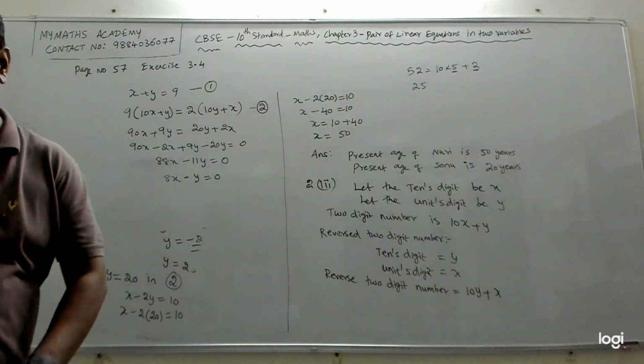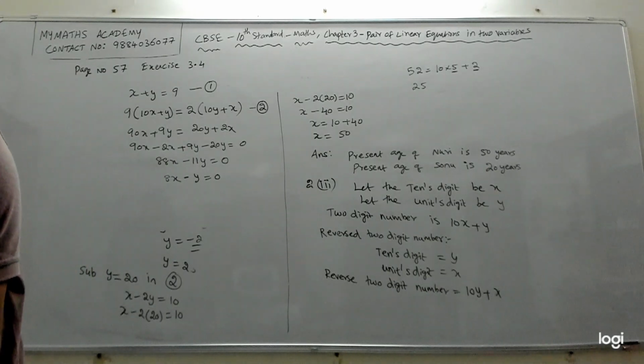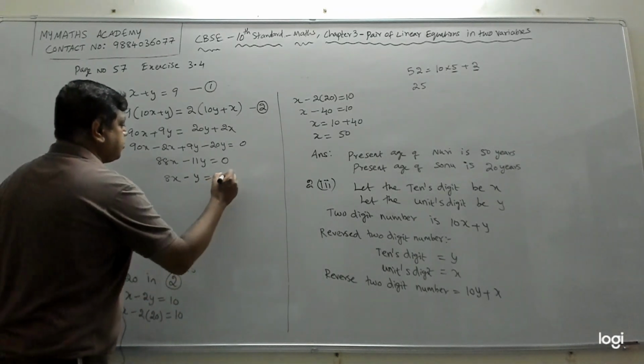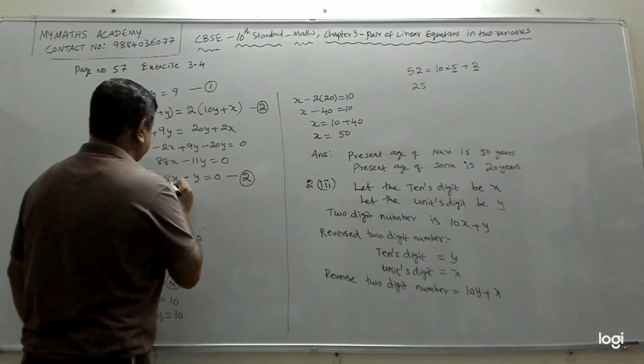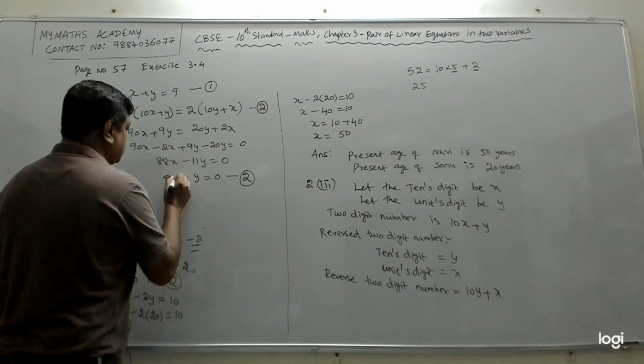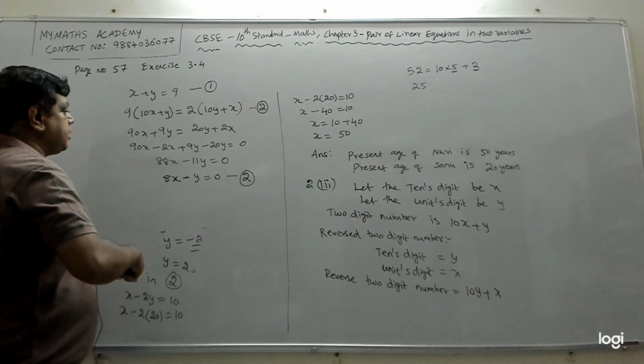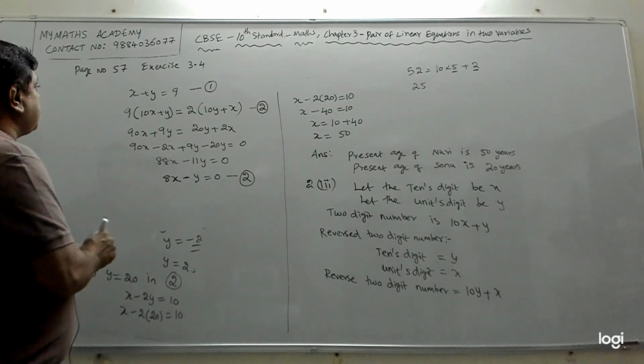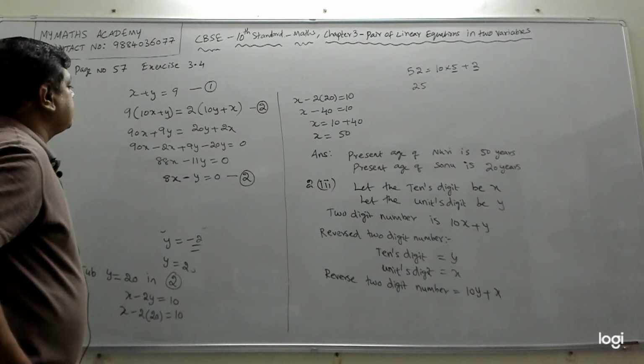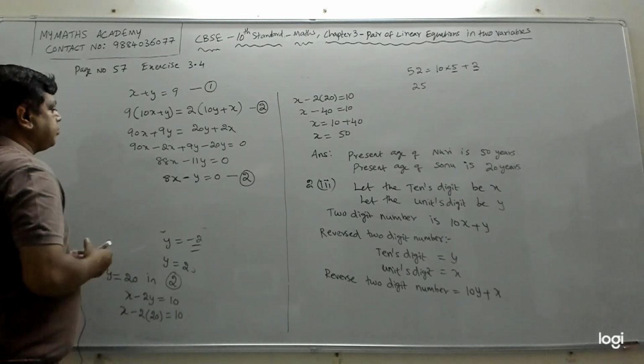So the simplified form is 8x minus y equal to 0. Fine. So now we have got the two equations. This is the first equation and this is the second equation.